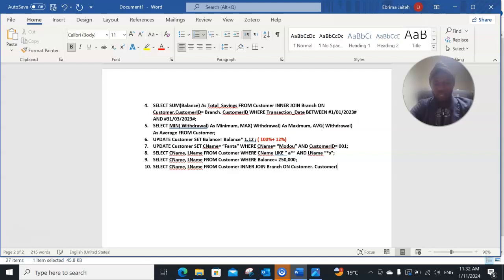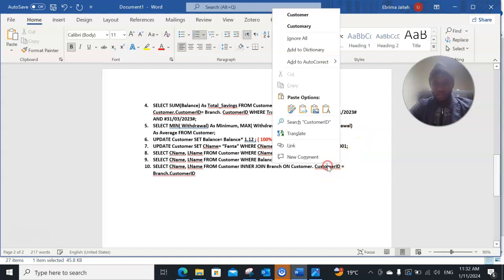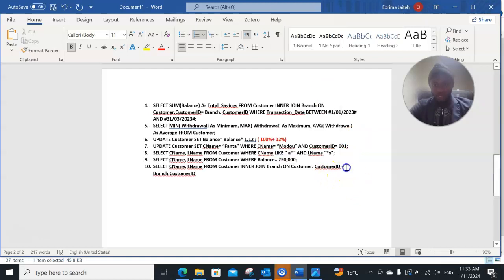Is customer ID. Okay, which equals to what? Under the branch table, what is the foreign key under the branch? We need the foreign key, but not the branch ID. Branch dot customer ID. So that is the foreign key under the branch. Yes, this customer ID equals to branch dot customer ID.